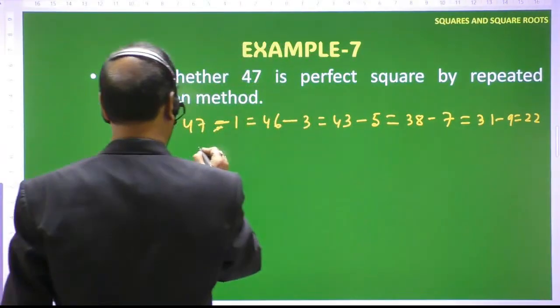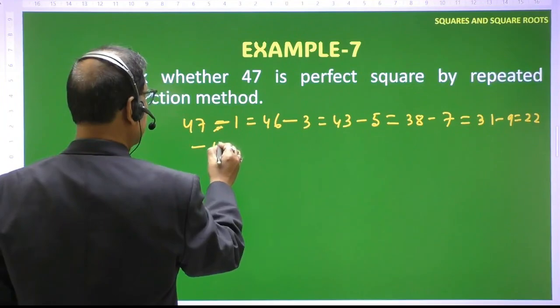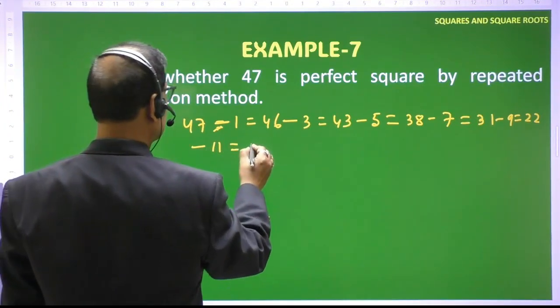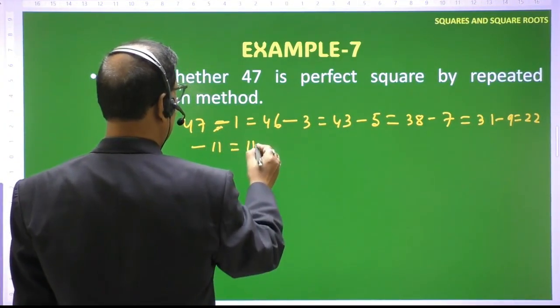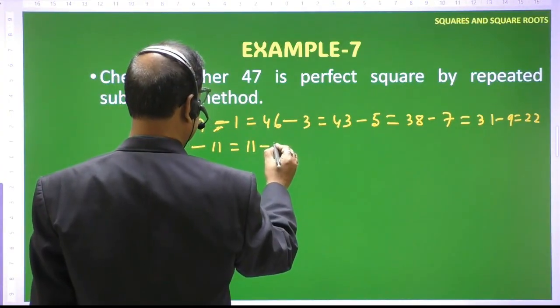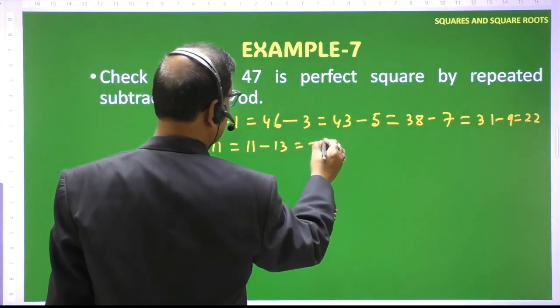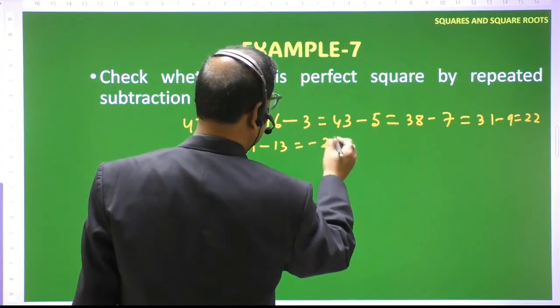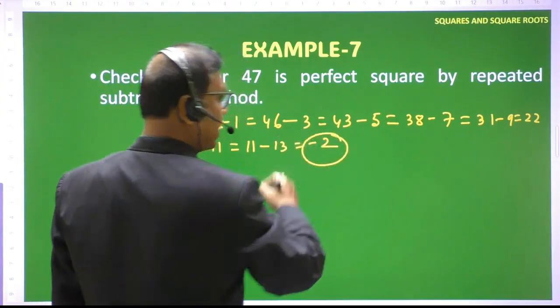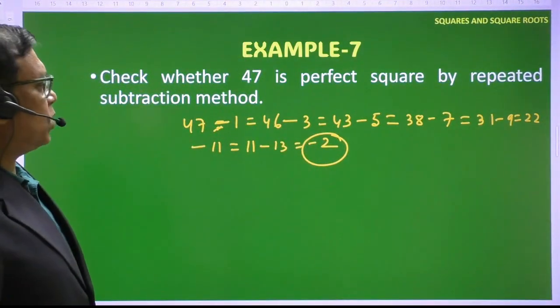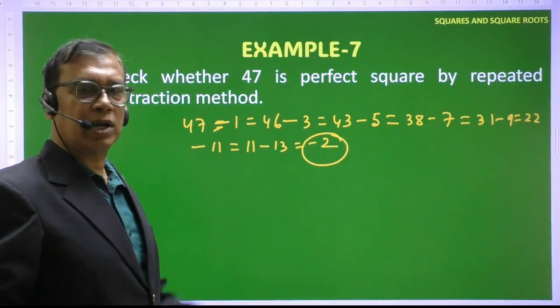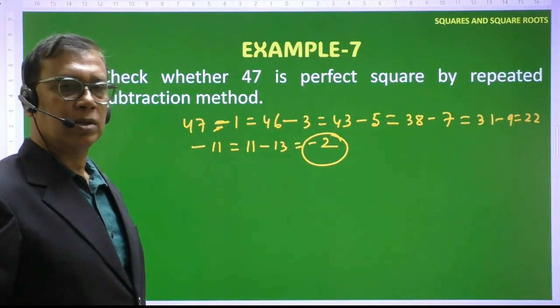Then minus 11, that is 11, and 11 minus 13, that is minus 2. Since a negative number came, that means there is no chance to get 0, because we already got a negative number.